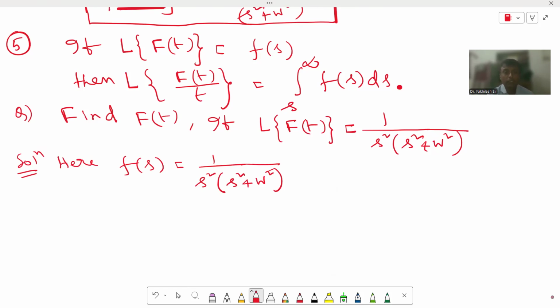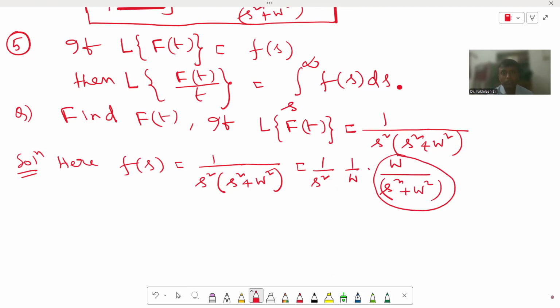Already we know that Laplace of sin omega t equals omega by s square plus omega square, and Laplace of cos omega t is equal to s by s square plus omega square. But we cannot bring s. We can bring omega, omega is a constant. So very easily we can write 1 by s square plus omega square as 1 by omega into omega by s square plus omega square. Okay? And now omega by s square plus omega square is the Laplace of sin omega t.